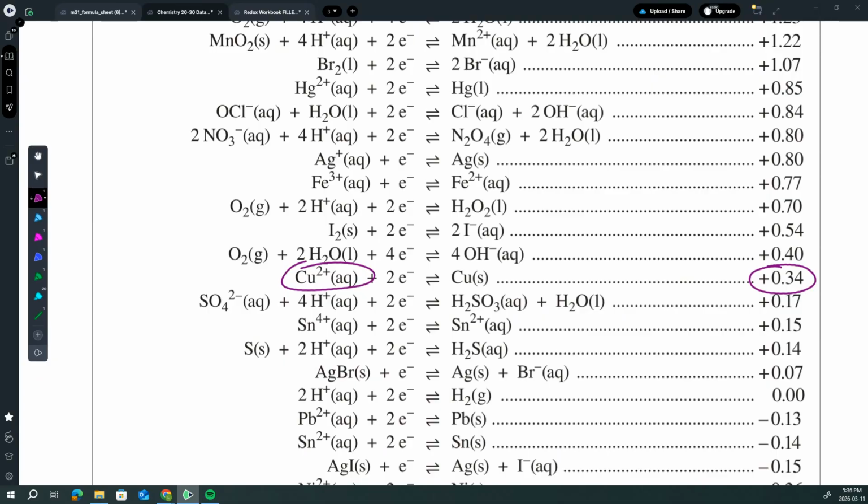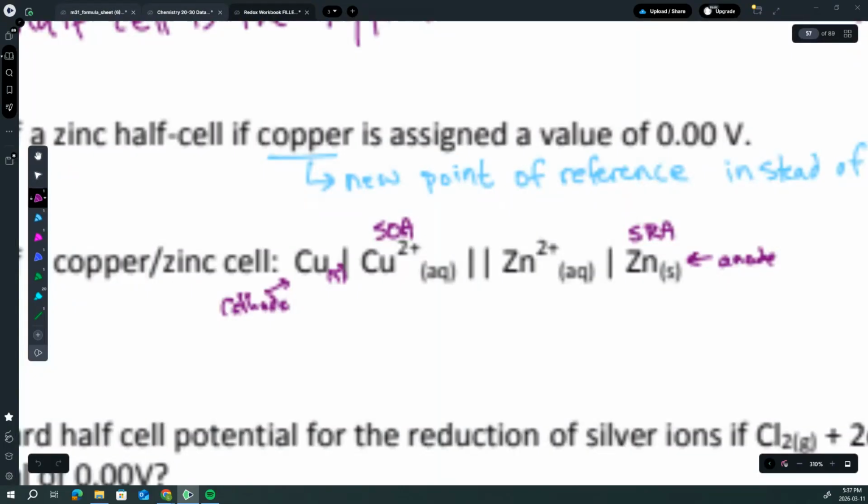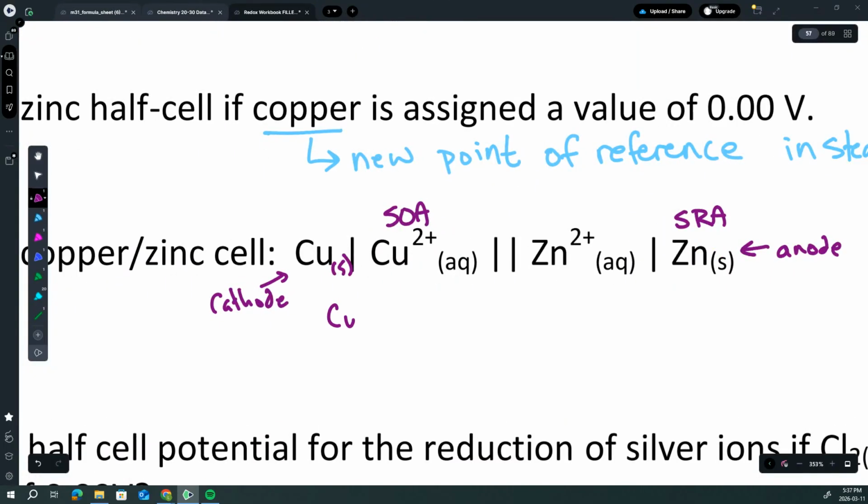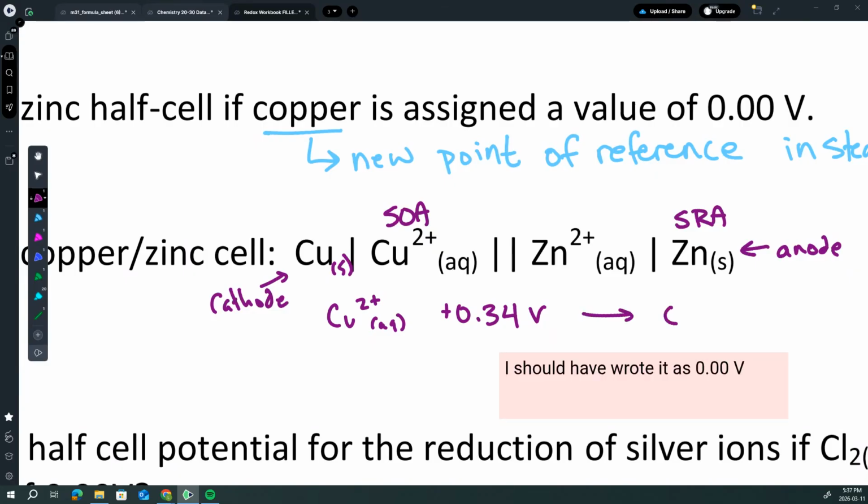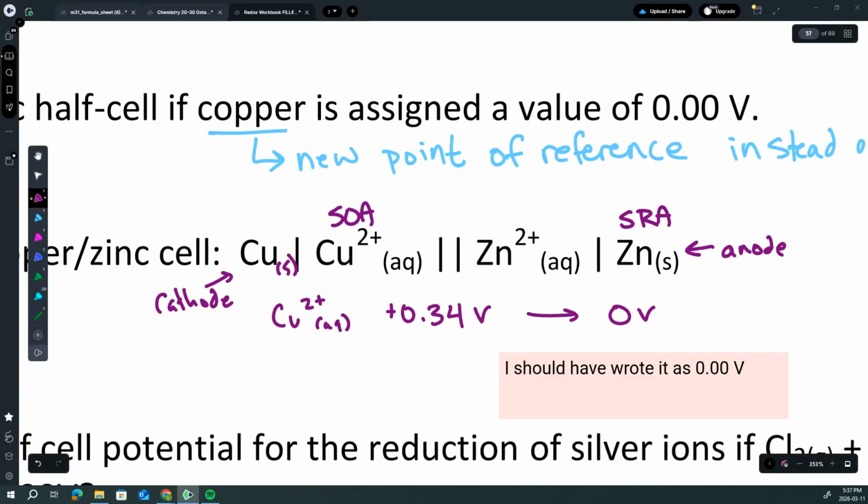But this question is saying that this half reaction, because it contains copper, is our new reference cell. So we're going from positive 0.34 volts to a new assigned value of 0 volts. Mathematically, how do we get from positive 0.34 to 0? Well, you subtract 0.34 volts.